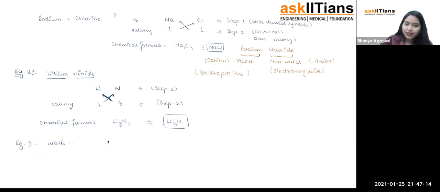So step 1 is to write down the symbols of the elements, and their valency. The valency of hydrogen is 1 and the valency of oxygen is 2. And what I do is crisscross and get the chemical formula as hydrogen will be 2 and oxygen will be 1, which I can rewrite as H2O simply.